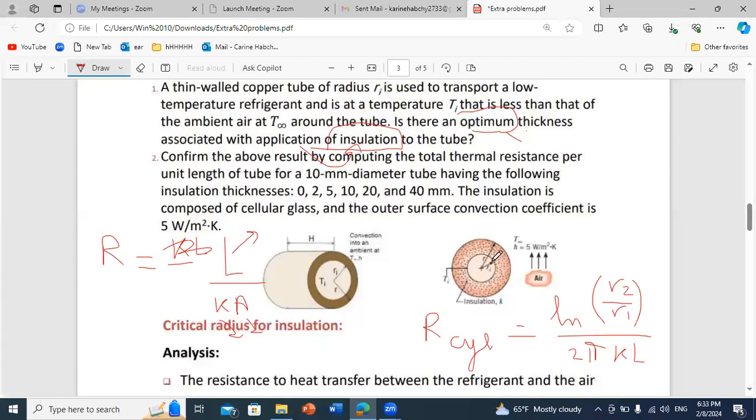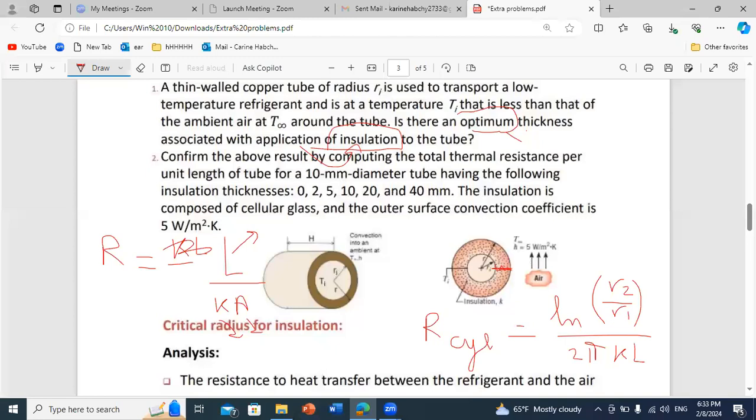And here we want to see if we can maximize insulation. To have maximum insulation means that the resistance to heat is maximum. As you can see in this figure, you have conduction through the cylindrical wall, and from outside you have convection.